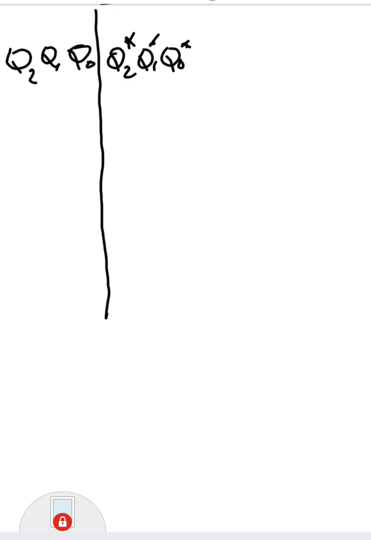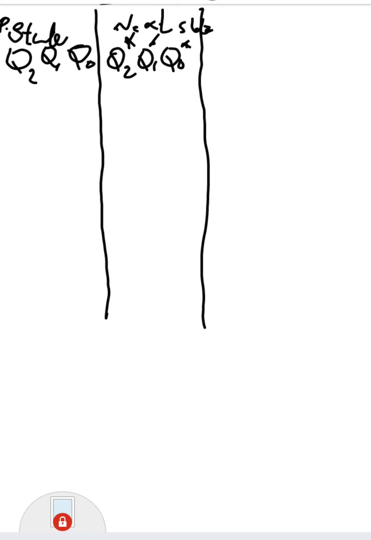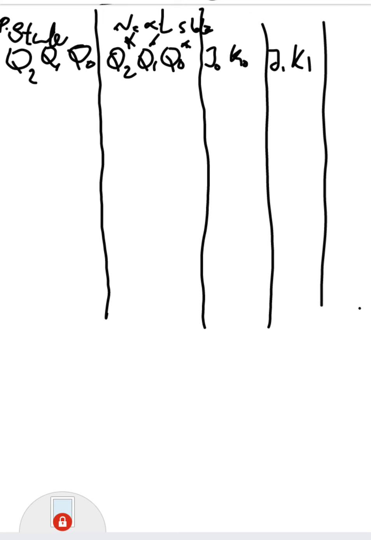Q2, Q1, Q0 represents the present state, and the star values represent the next state. Using this, there are 3 JK flip-flops. You have to find out what is J0, K0, just like you did in the previous example, J1, K1, J2, K2.